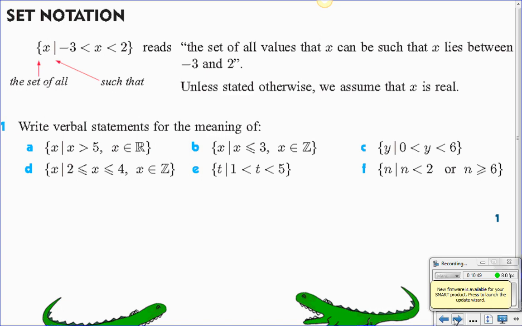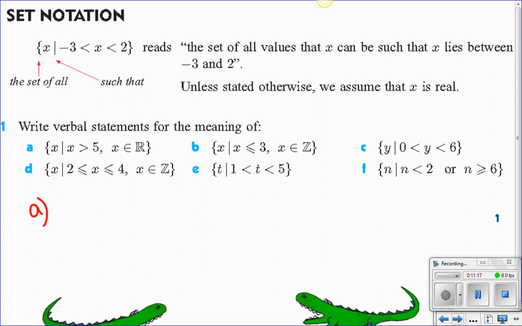So I'll just talk you through these, and maybe we can actually, let's draw how they appear on a number line. So letter A says the set of all values x, such that x is greater than 5.